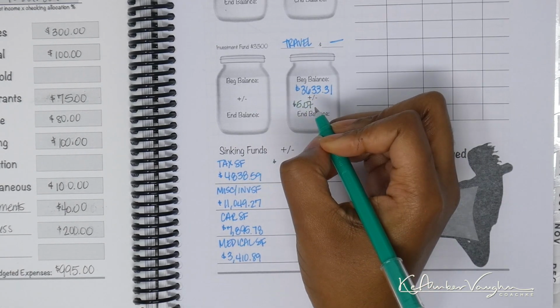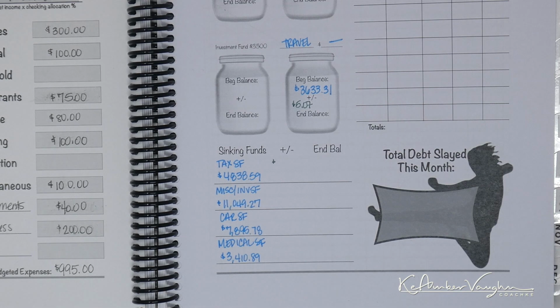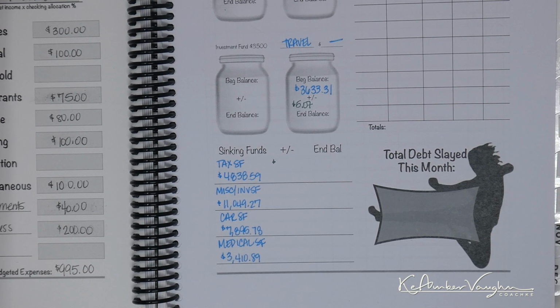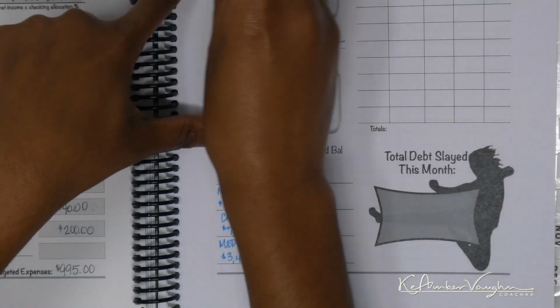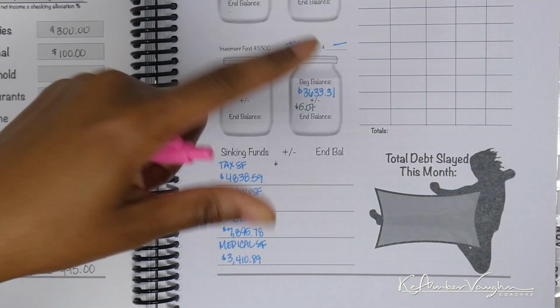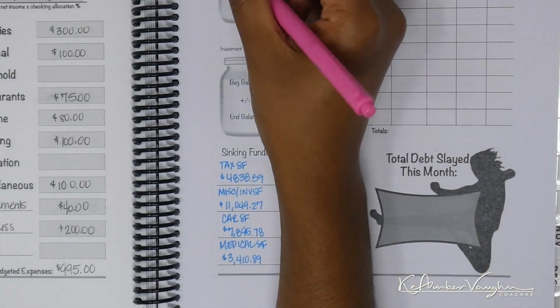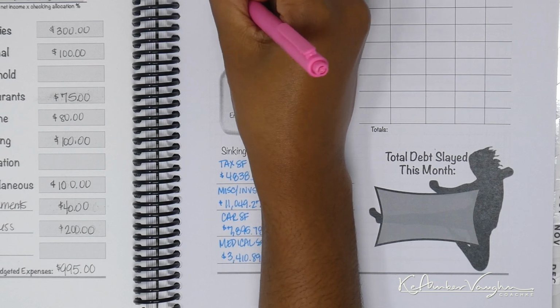I'm actually going to do a different color because usually I like to distinguish between the interest that I earn and then what I actually contribute out of my paychecks. So let's go ahead and remove this. 4.01.